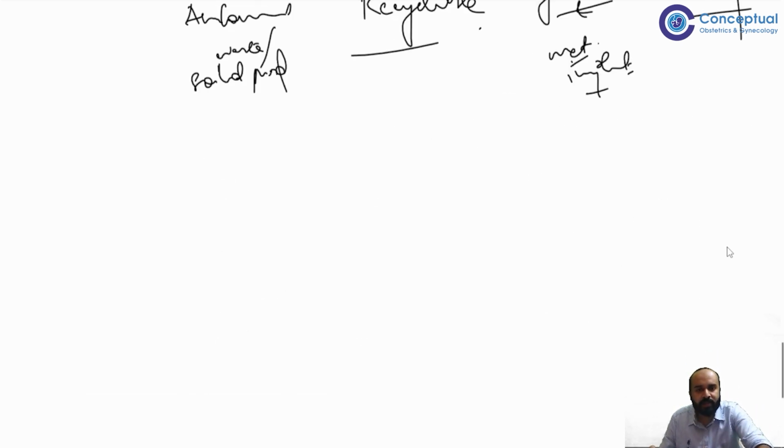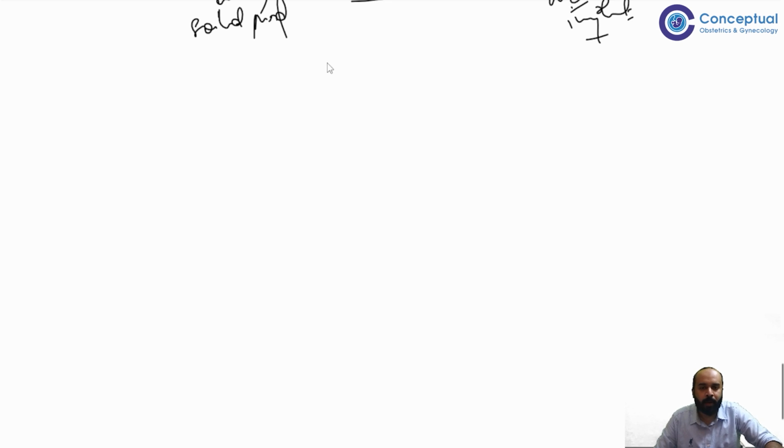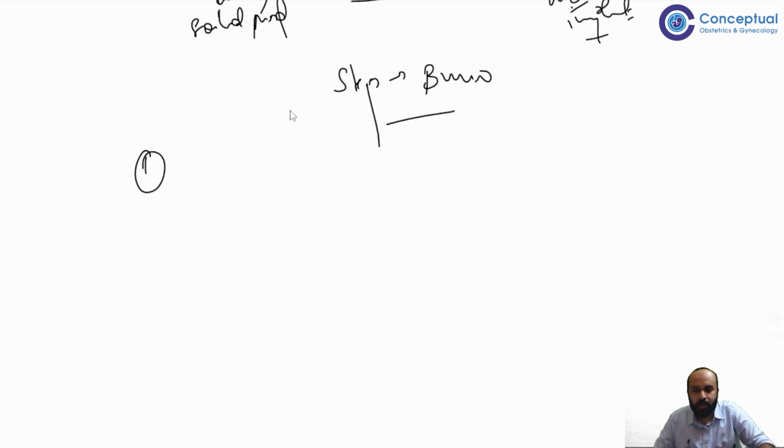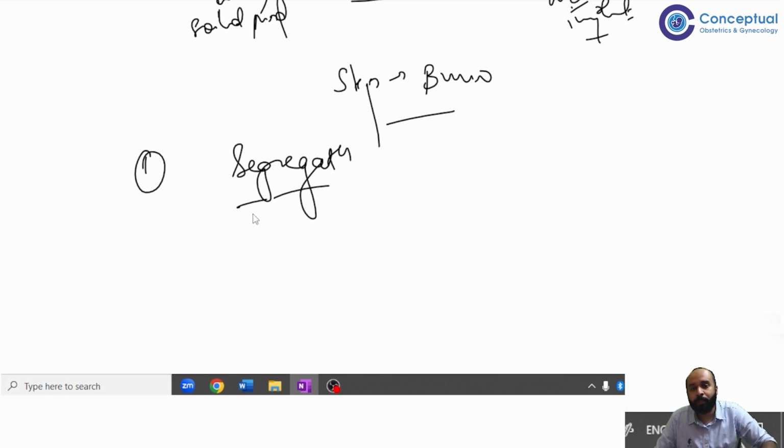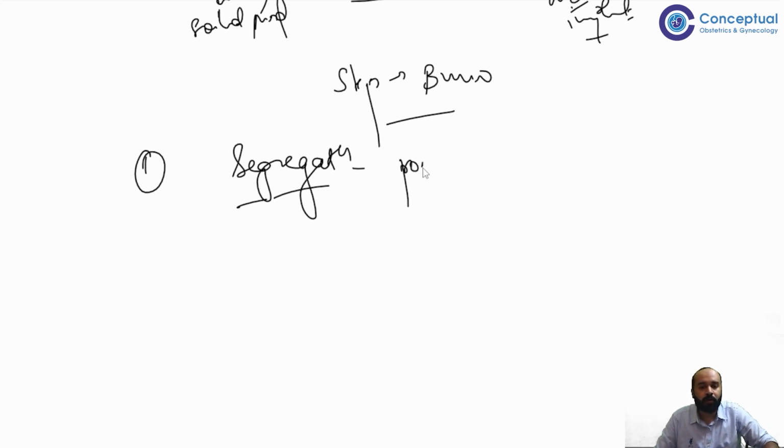How do you create this? There are a few steps in biomedical waste management that you have to write. The first and most important step is going to be segregation. In segregation you are going to separate at the point of creation.